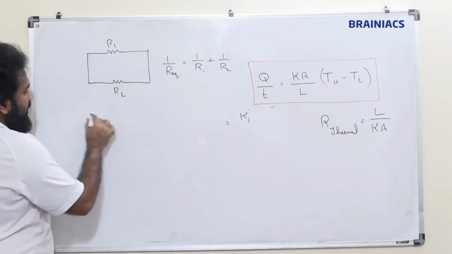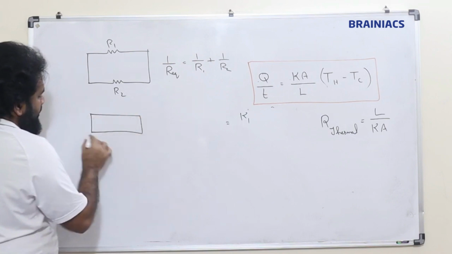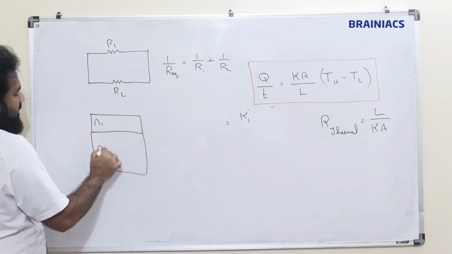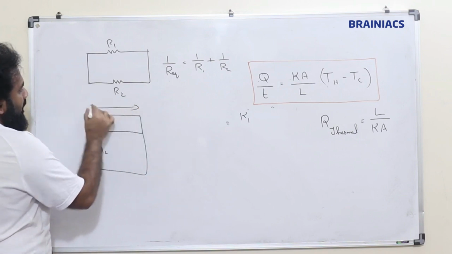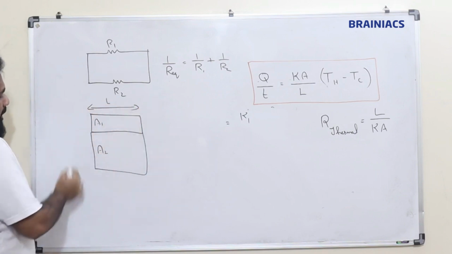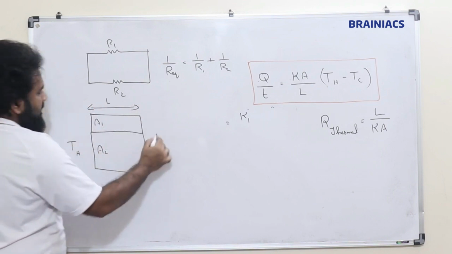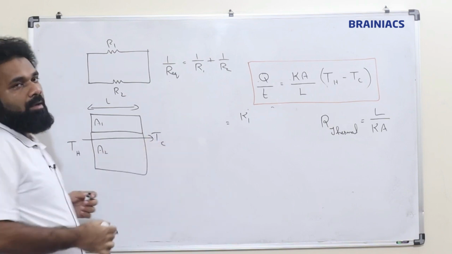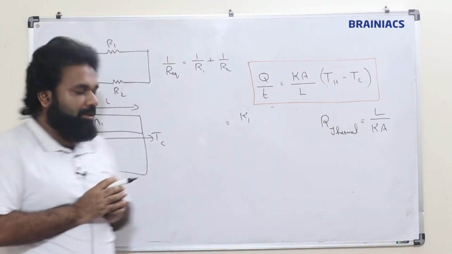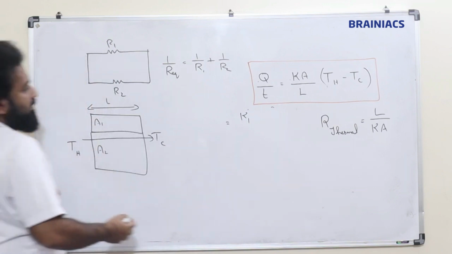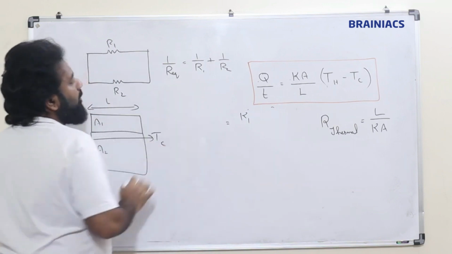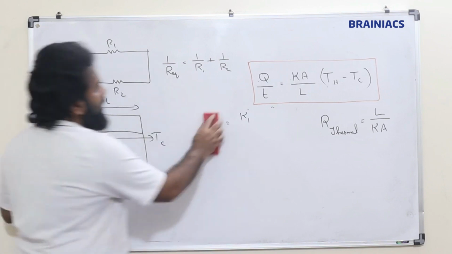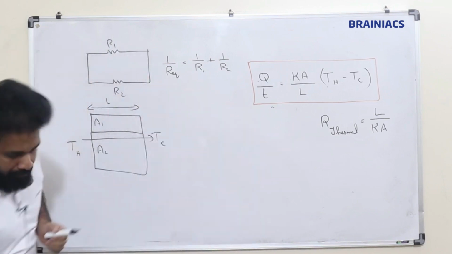Same way, if we take two slabs, with area of cross section A1 and A2, and the lengths common, this is at a higher temperature and this is at a lower temperature, then heat will be flowing in this direction. So in that case 1 by R equivalent is equal to 1 by R1 plus 1 by R2. That is what we are going to do here.